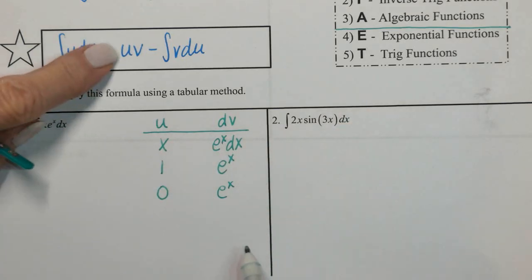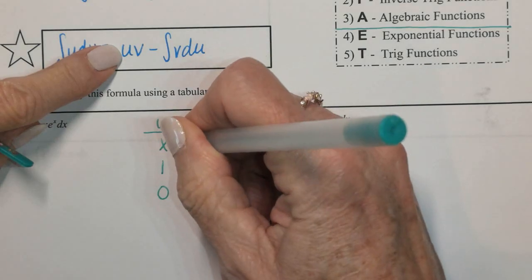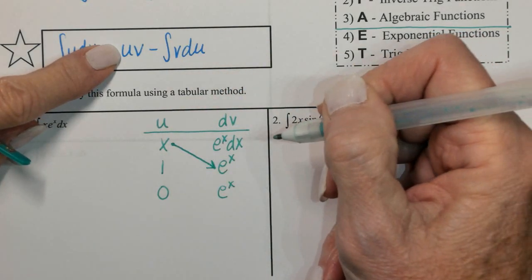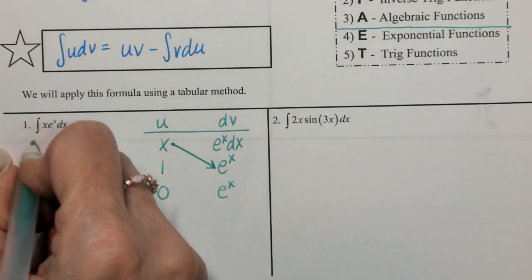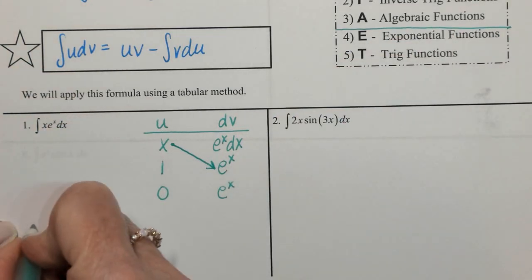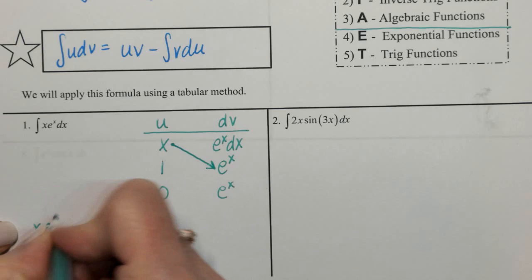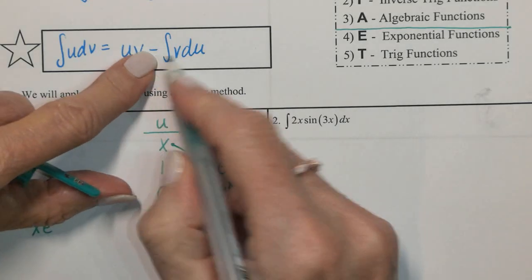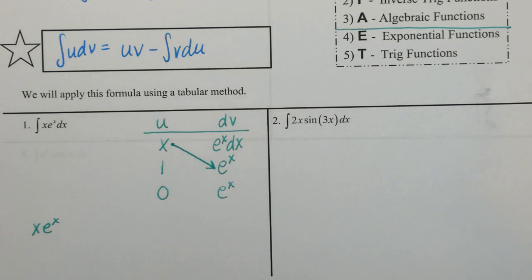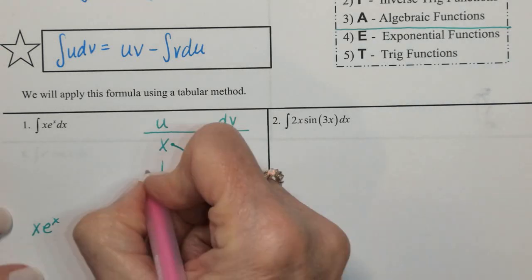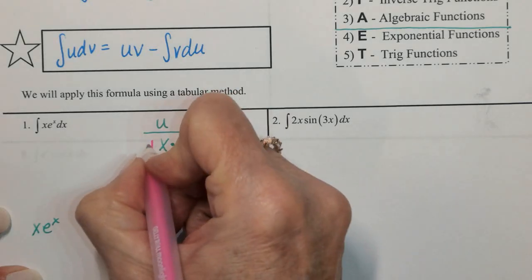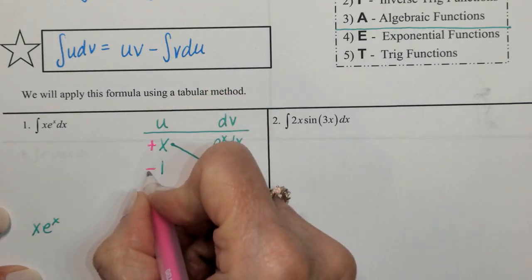Now, we need u times v. There's u, there's our first v, right? So our first term of our answer is going to be x e to the x. Okay? Then we need a minus. So we need a minus over here. So here's the way I think of it, you guys. We start plus and then we go minus.